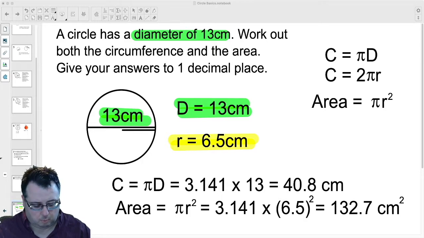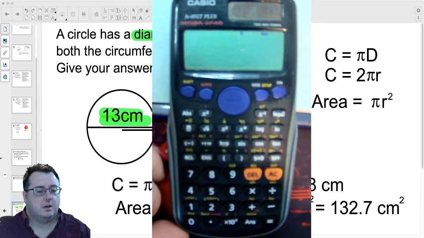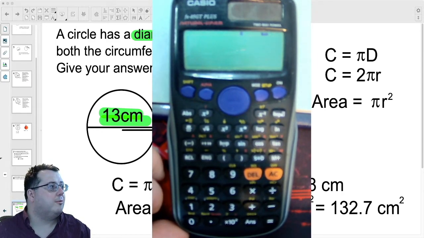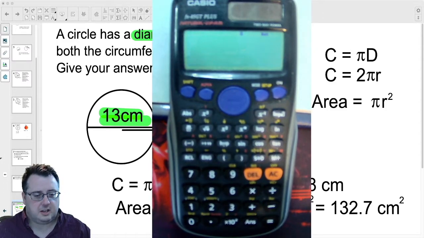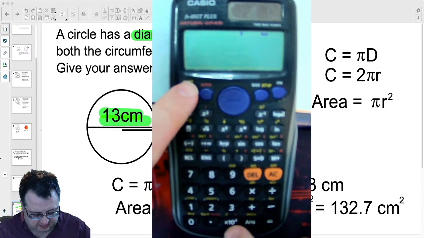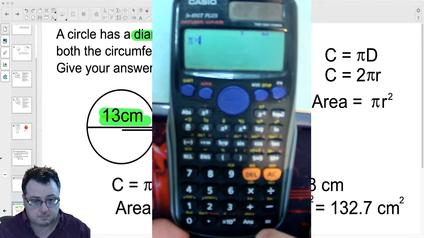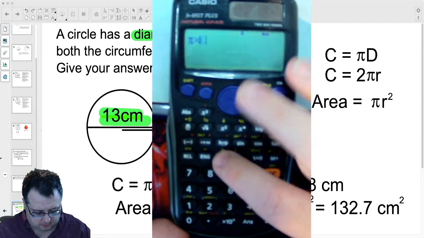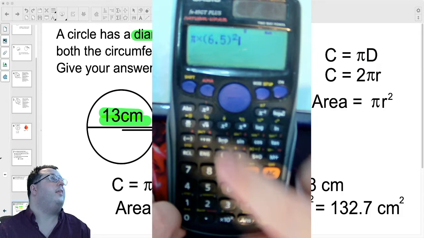Okay, what about the area? The area is going to be pi r squared. Now we worked out that the radius was 6.5 centimeters, so I can now put this into my calculator again by putting in pi. Okay, pi times the radius, which we know is 6.5, and I'm going to square that.